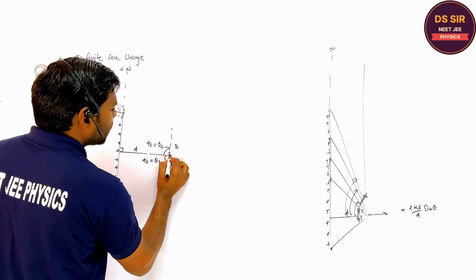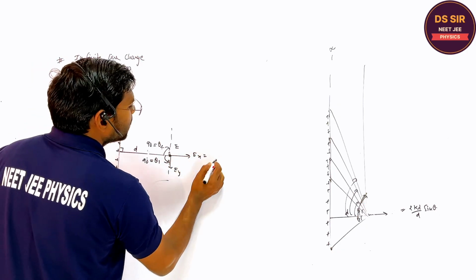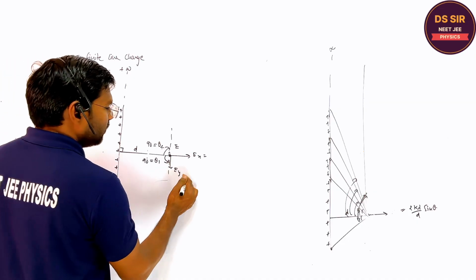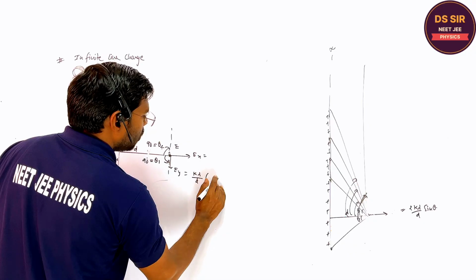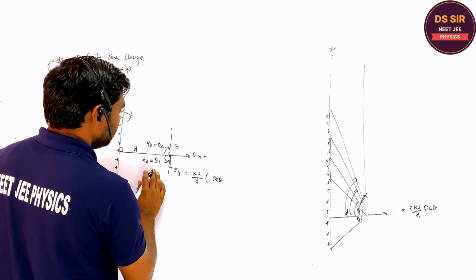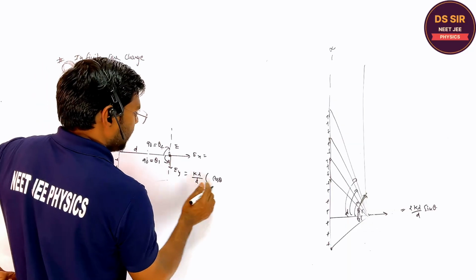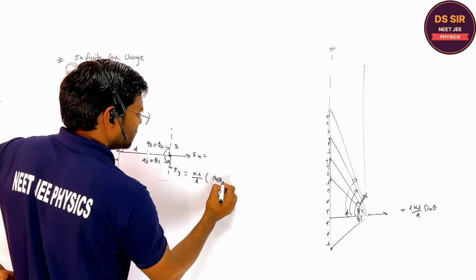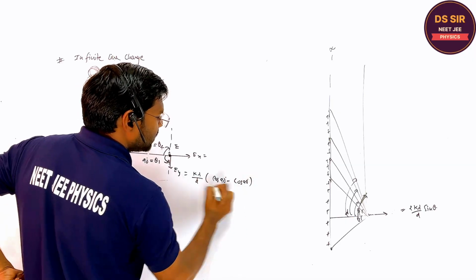Directly you can write the Ex value and the Ey value. Listen, Ey you can write as k lambda upon d times cos theta 1 minus cos theta 2, that is cos 90 degrees minus cos 90 degrees. Is it clear or not?